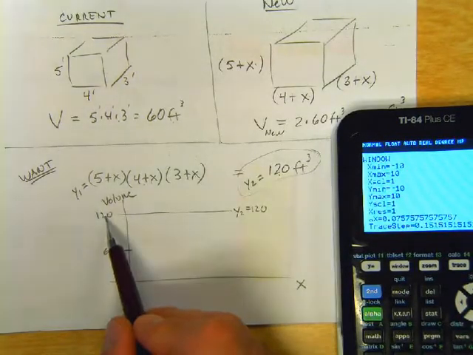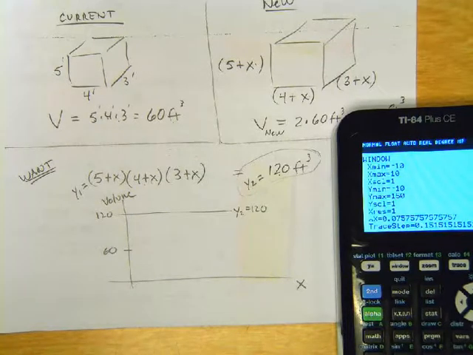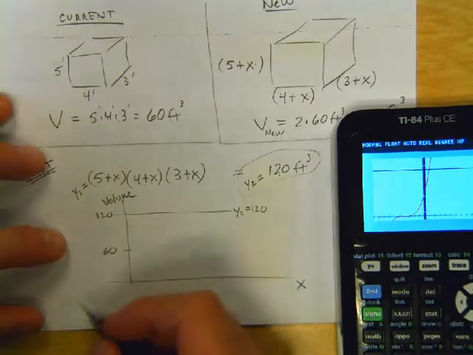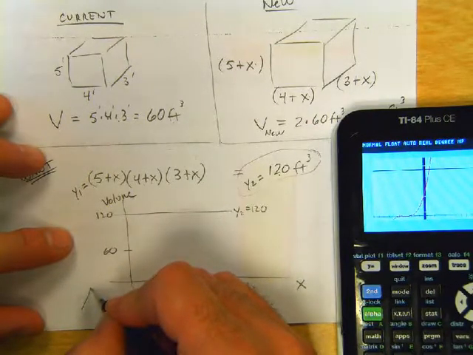And I'm going to choose 150 for my y-max. And then I'm going to graph, and the polynomial looks something like this.